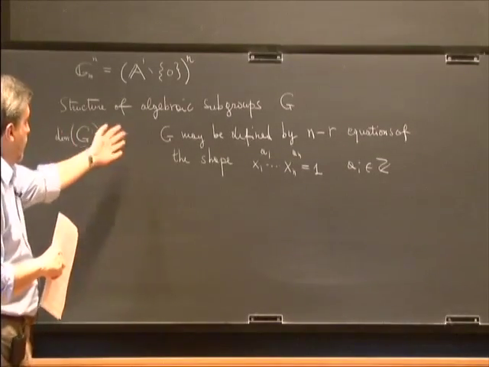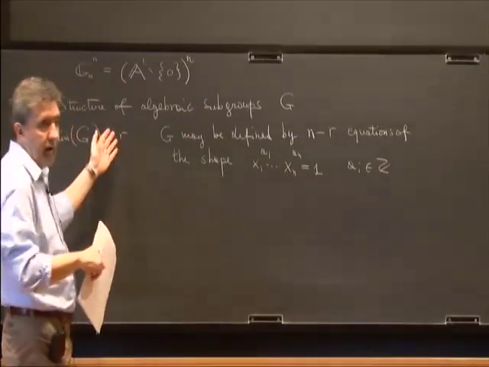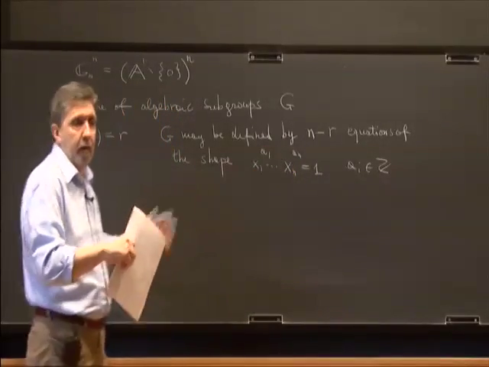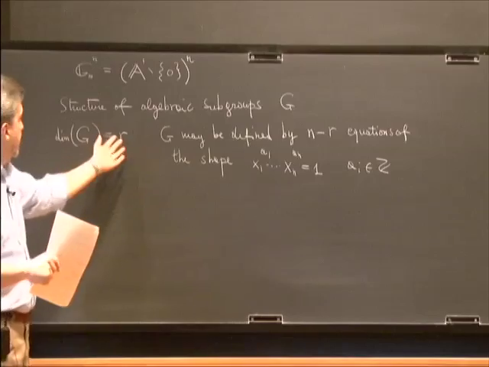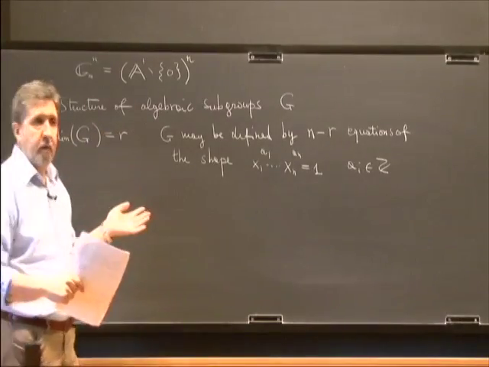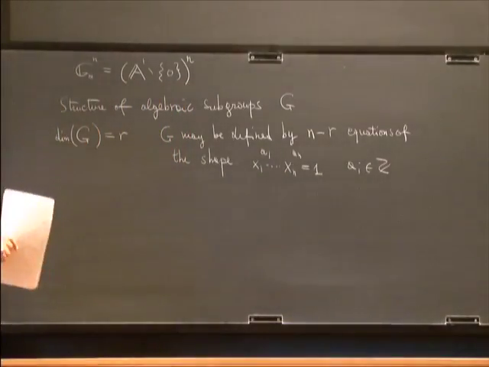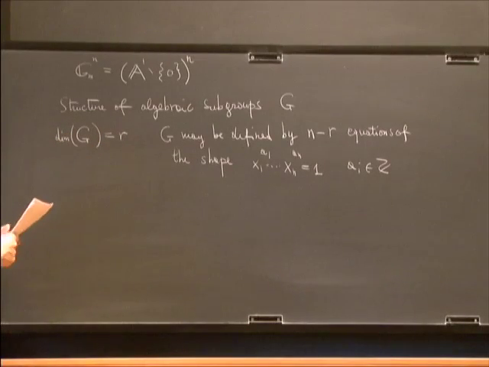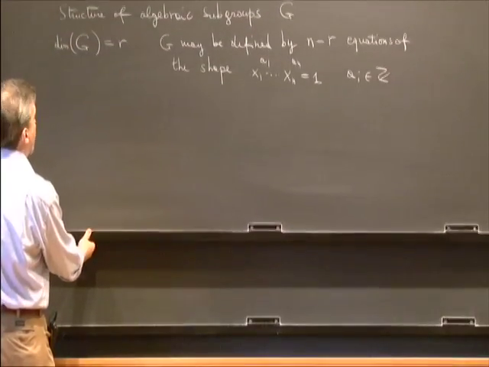The dimension of something defined by this number of equations is just R, provided the vectors occurring as exponents are linearly independent. So saying that a point lies in an algebraic subgroup of this dimension simply means that the coordinates of the point satisfy n minus R multiplicative relations of dependence. Okay, this is just what I wanted to recall.